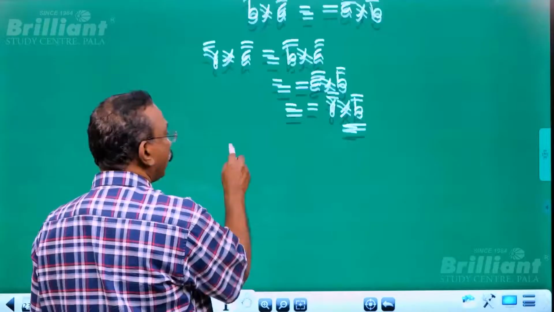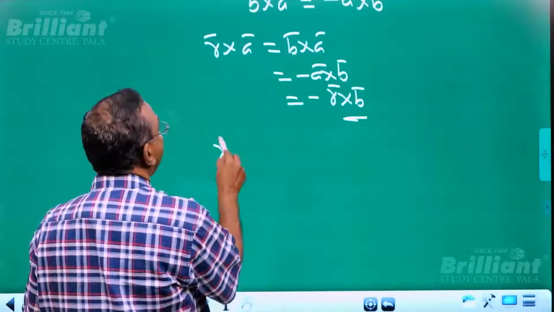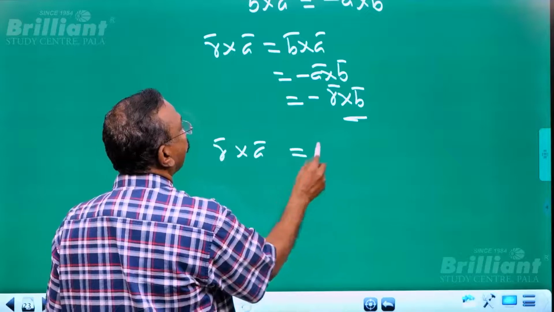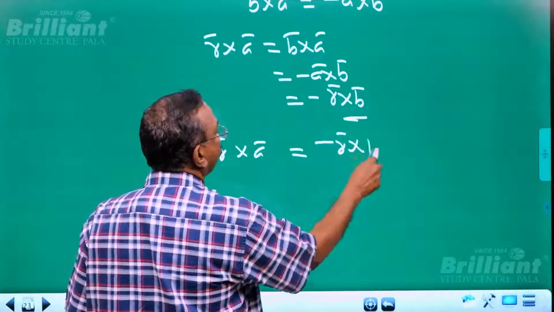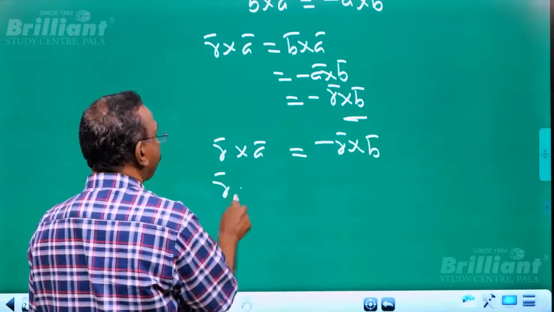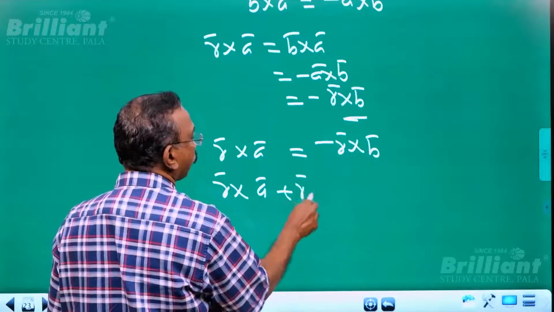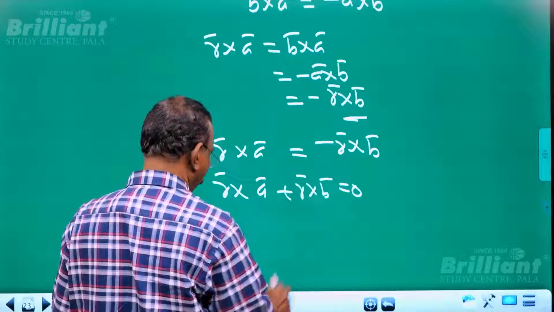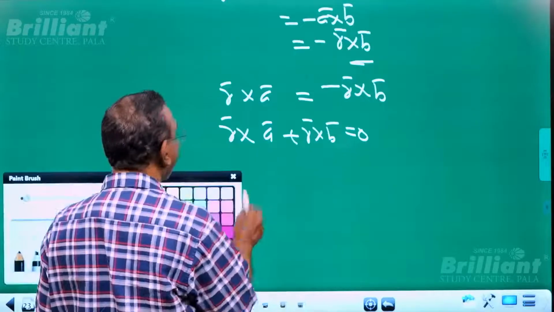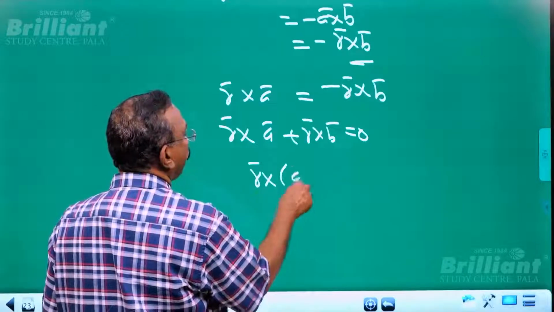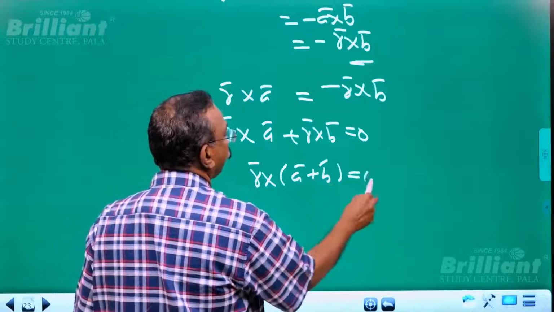So here you get two expressions, R bar cross A bar is equal to minus R bar cross B bar. So we can move it to the left side: R bar cross A bar plus R bar cross B bar is equal to 0. So R bar cross of A bar plus B bar is equal to 0.